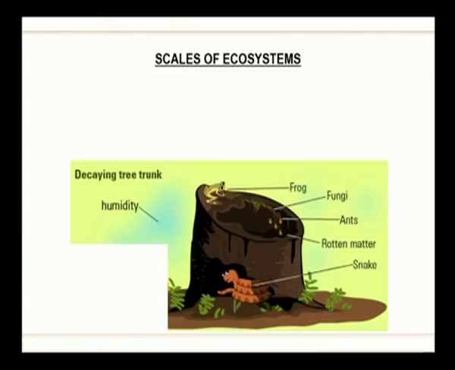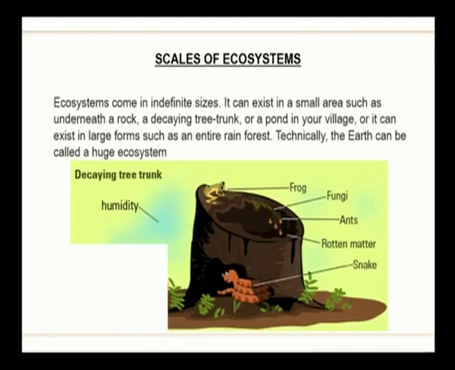So, scale of ecosystems. Ecosystems come in indefinite sizes. It can exist in a small area such as underneath a rock, a decaying tree trunk or a pond in your village, or it can exist in a larger form such as an entire rainforest. Technically, the earth can be called a huge ecosystem. So we cannot define an ecosystem as a definite scale.